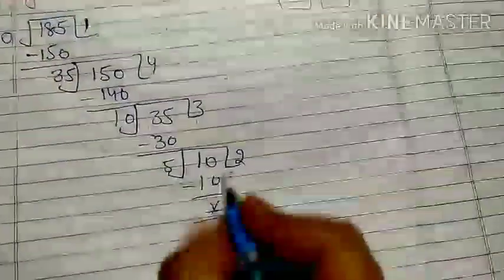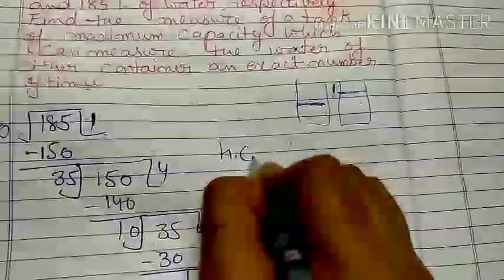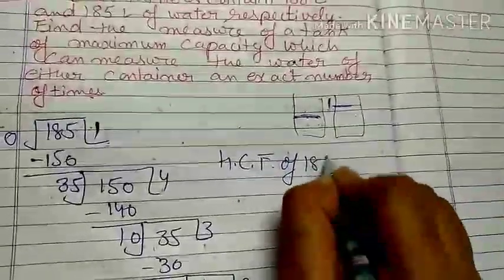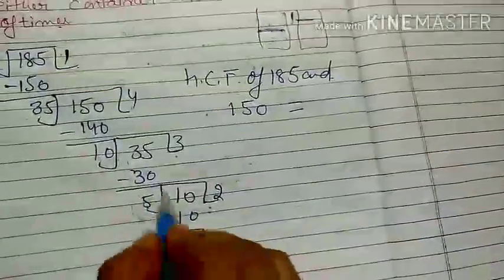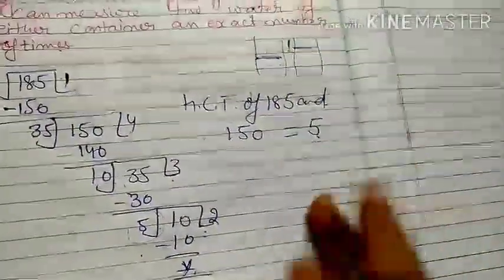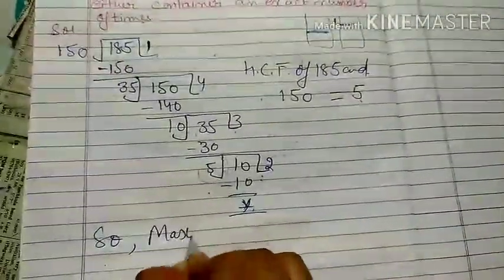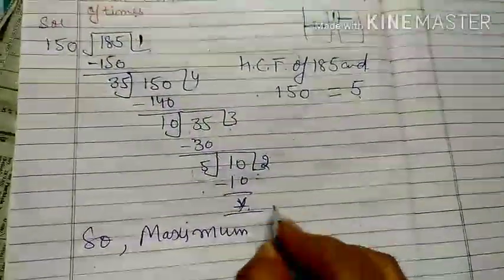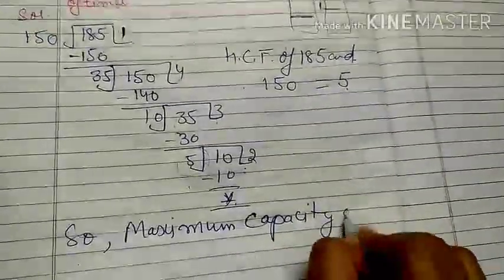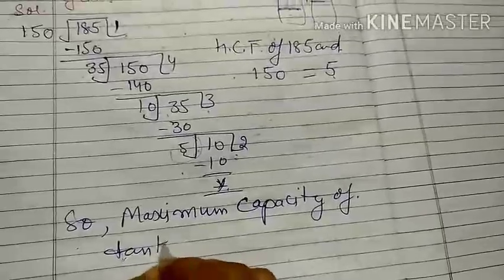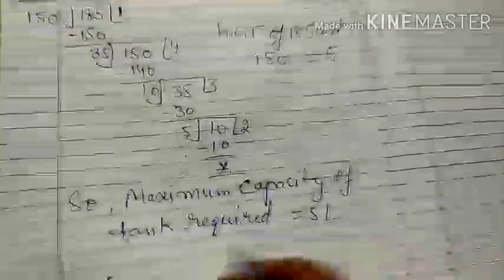So here my remainder is 0. That means the HCF of 185 and 150 is the divisor which gives remainder 0, that is equal to 5. So the maximum capacity of tank required is equal to 5 liter.